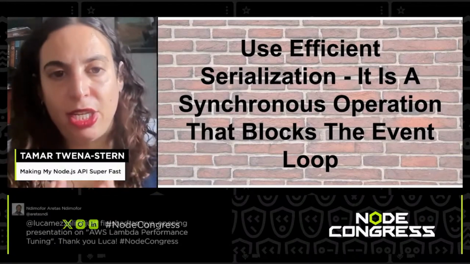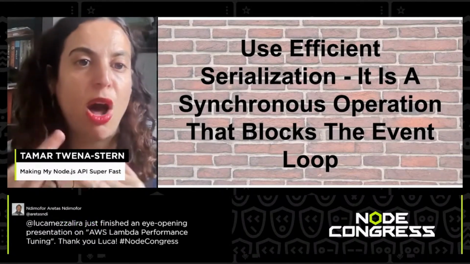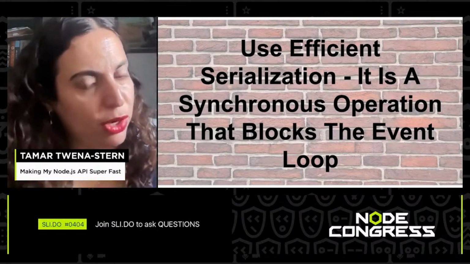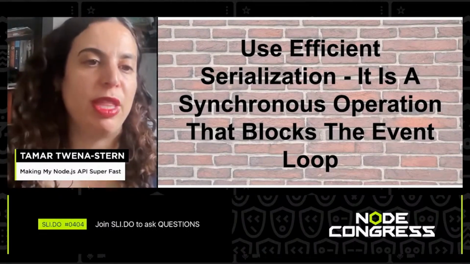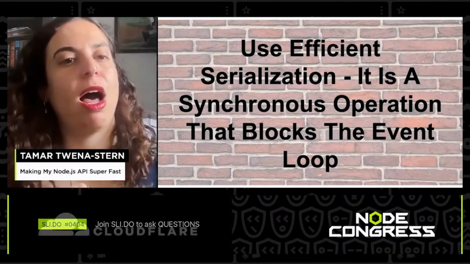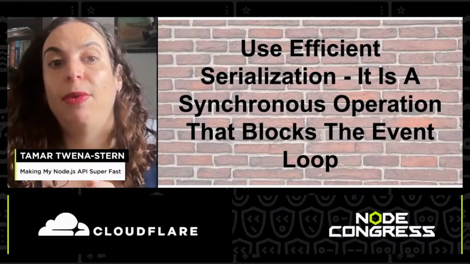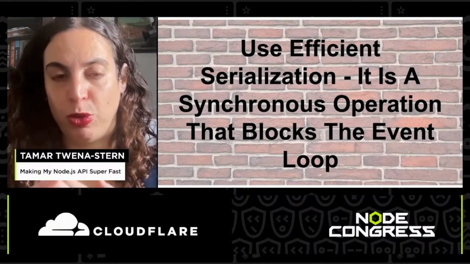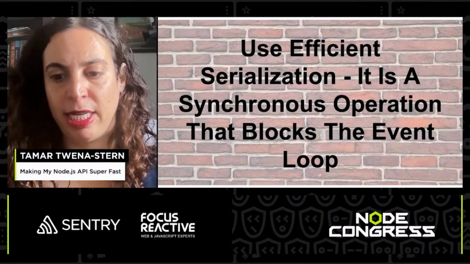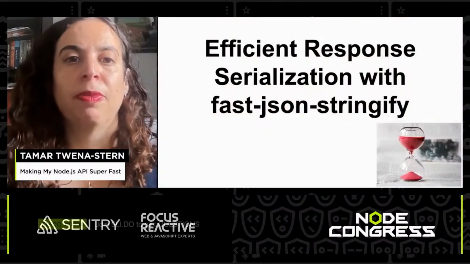But serialization and deserialization is a synchronous operation that always blocks your event loop. I really hope that you have the Node.js architecture in mind, that you're familiar with the event loop that is processing work. And when we have a synchronous operation which is long, it's blocking it. Serialization and deserialization are exactly those things.